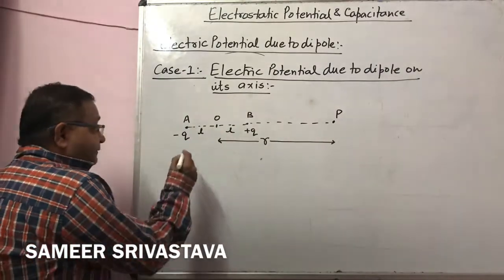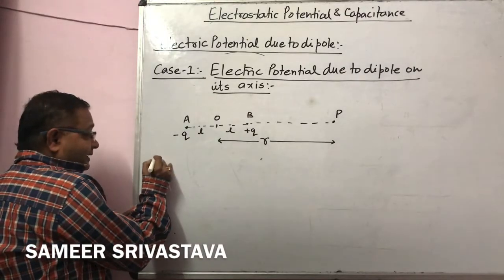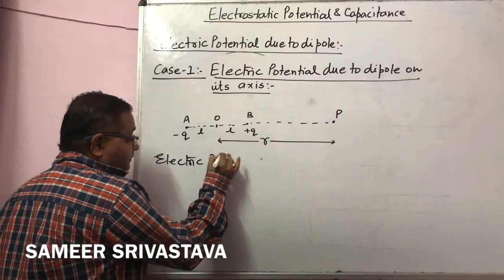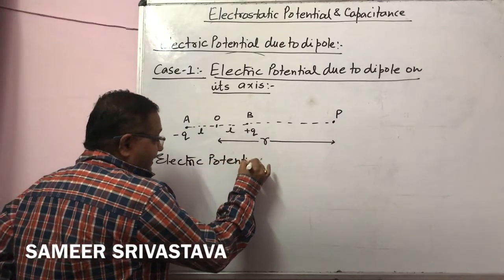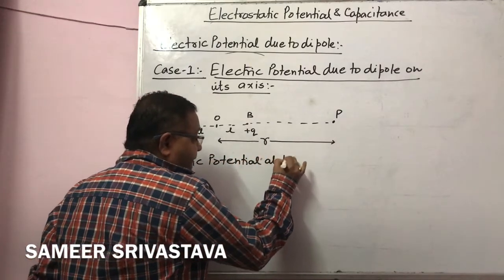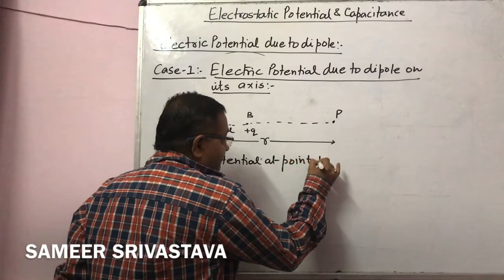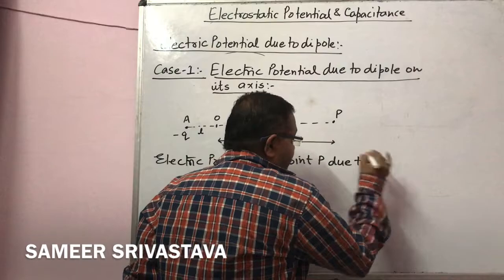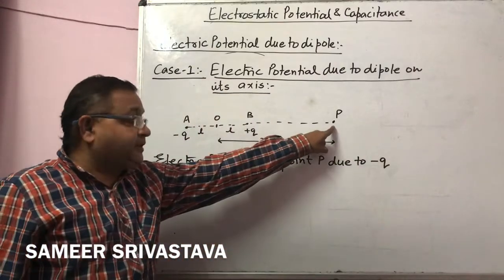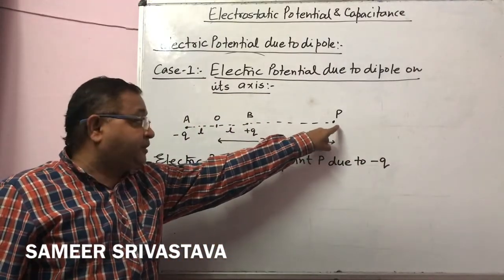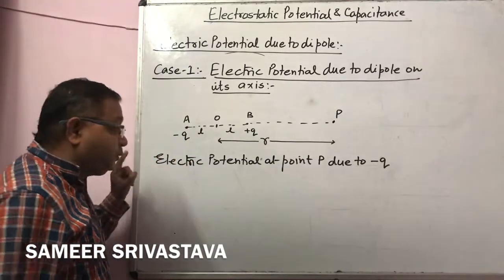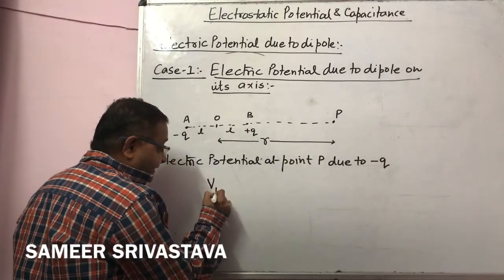Now, the electric potential at point P due to minus q, we want to find the potential here with respect to the charge minus q. I am writing this potential as V1.